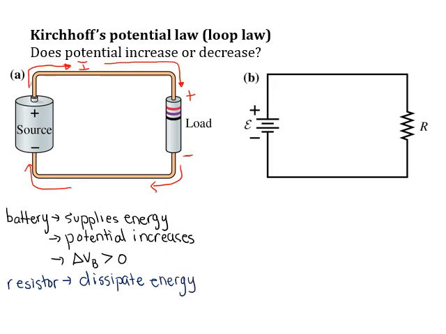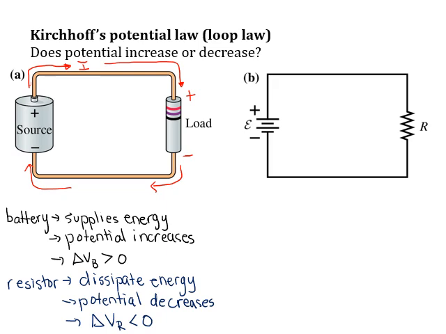If they're dissipating energy, if they're giving off energy, that means the potential and the potential energy decreases. If the potential energy decreases, delta V of the resistor has to be less than 0. Okay, and that matches our plus and minuses that we labeled on our diagram there.